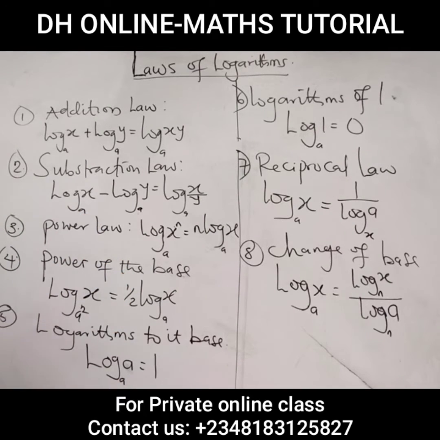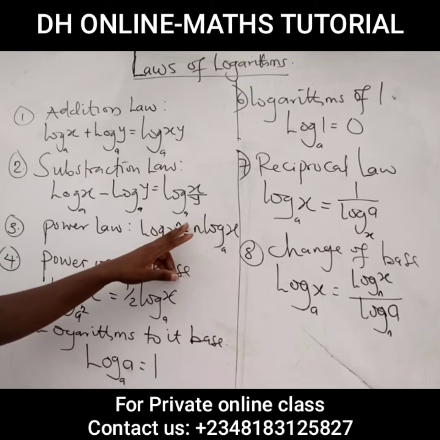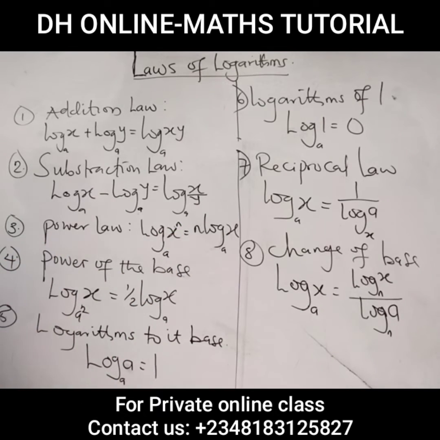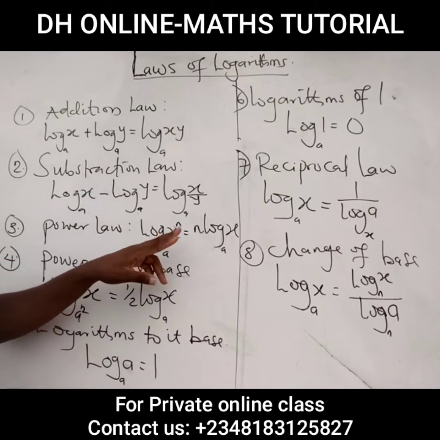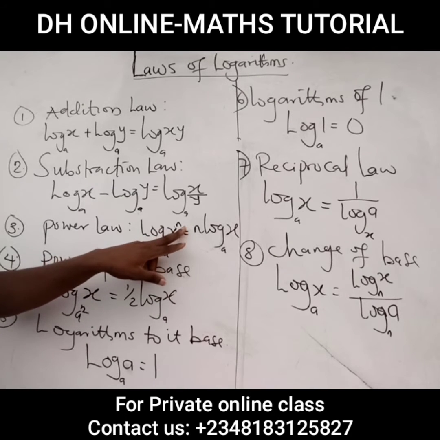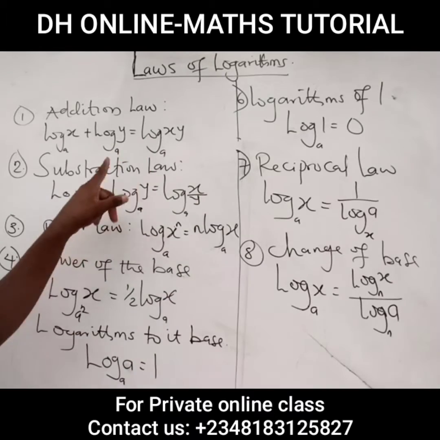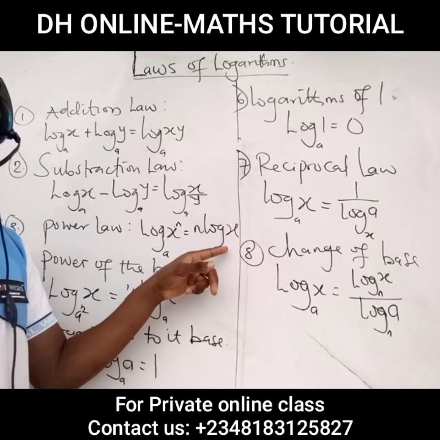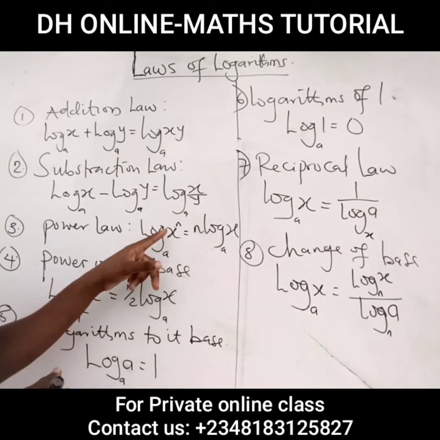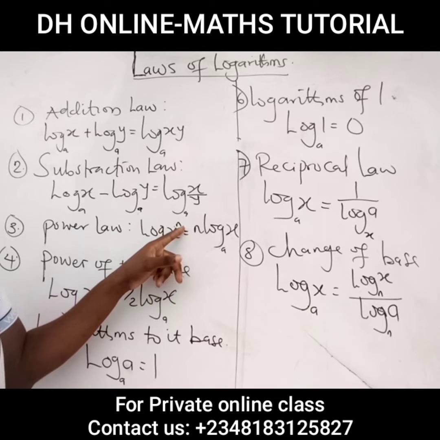The next one is the power law. The power law is that once you have a power, or we call it an index, on the logarithm, the index comes to the front of the log and multiplies the log. So we are having log x to the power of n.